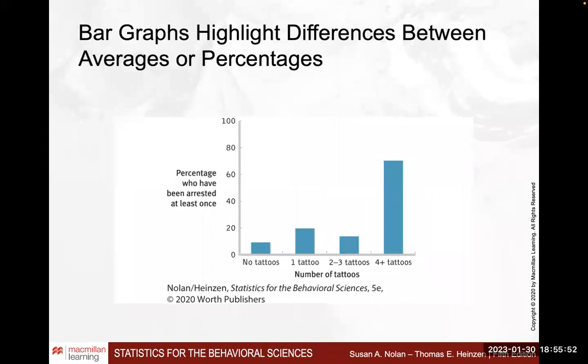Okay, bar graphs highlight differences between averages and percentages. So, a debatable example: the number of tattoos. People who have 4 or more tattoos are more likely to have at least one arrest.